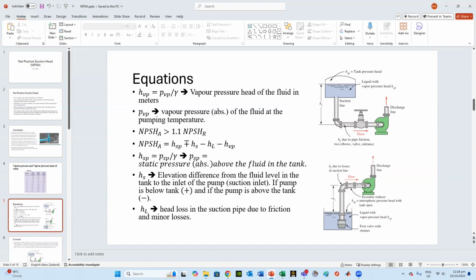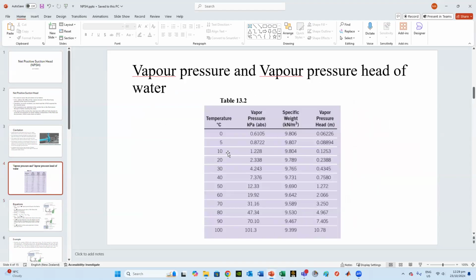So if the pump is above the reservoir, it will be negative. If the pump is under the reservoir, it will be positive. Minus HL represents the head loss in the suction pipe due to friction and minor losses. That's the one we calculated in part 1. And you have H vapor, which you get based on the temperature from table 13.2.